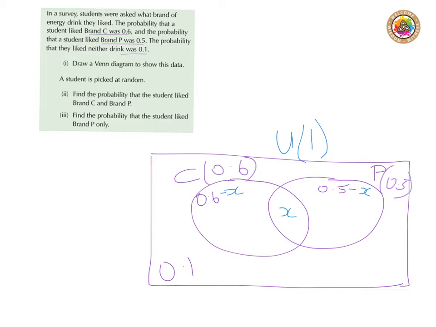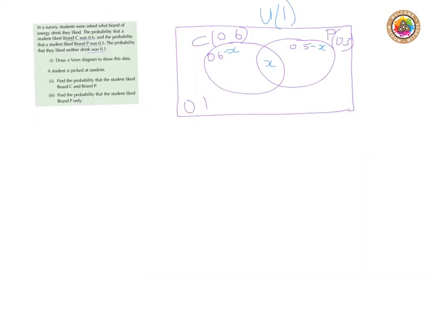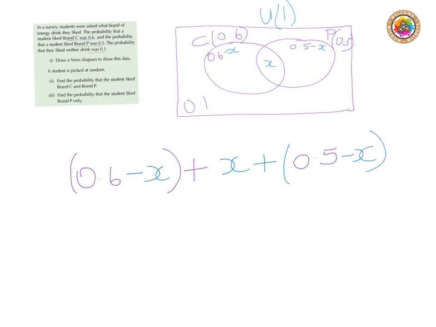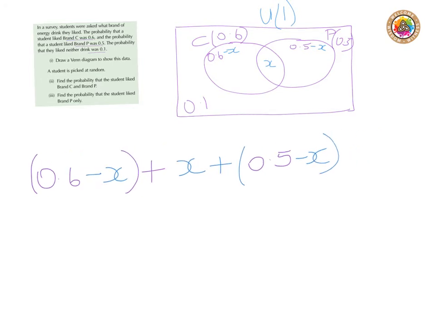Okay, so we're just going to tidy that up now. In order to solve for X, I simply write as I would have before. So 0.6 minus X plus X plus here my 0.5 minus X plus, well, what do I add onto all of that?